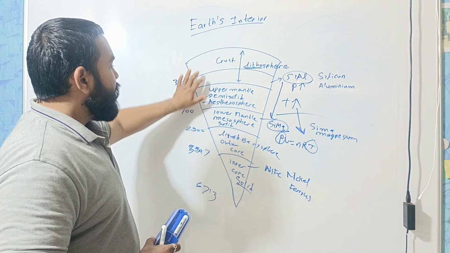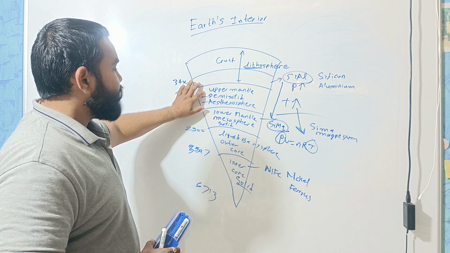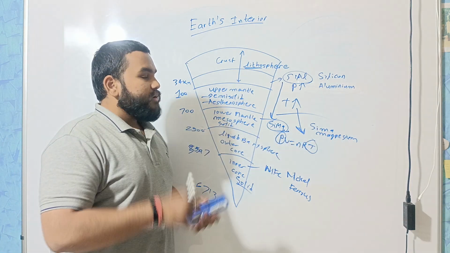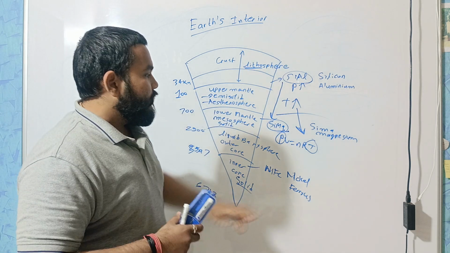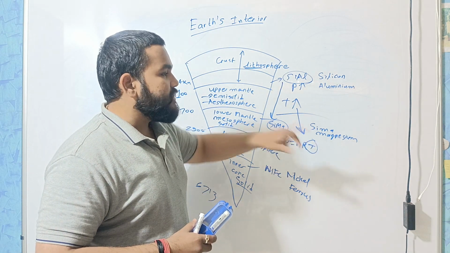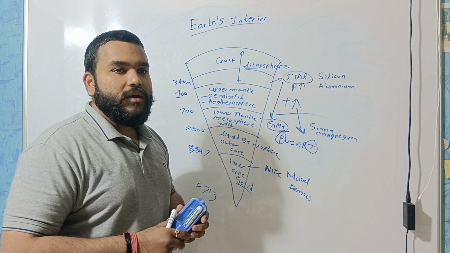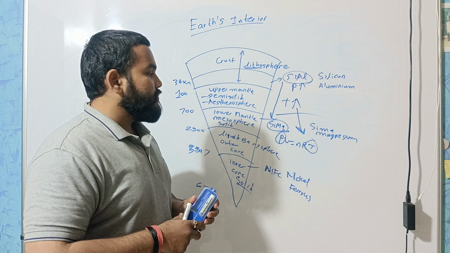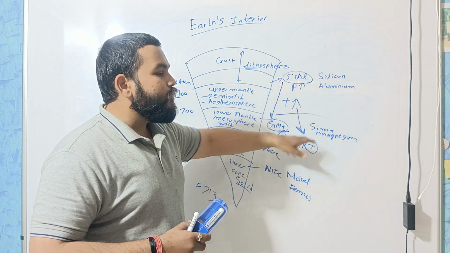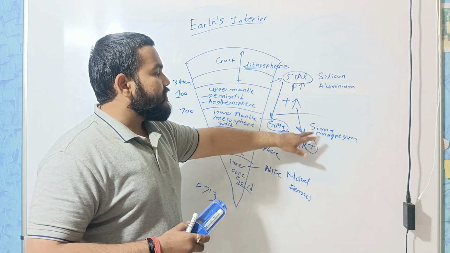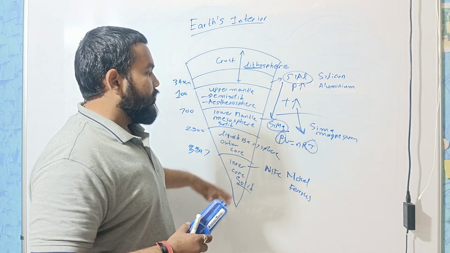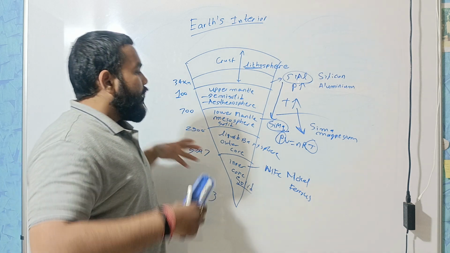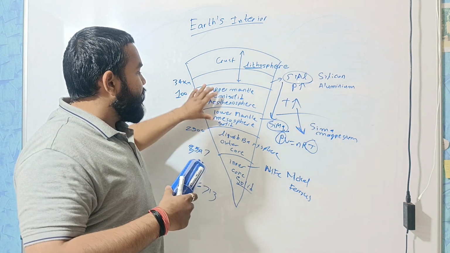That means there is a pressure also, there is a temperature also. But because of the composition of silicon and magnesium, remember one important point. Silicon in maximum amount means there is high viscosity, because silicon is such an element which gives high viscosity, meaning it is very hard for that particular silicon to flow in the molten condition. That's why magnesium also gives rise to this property, and combining these two properties it becomes semi-solid.